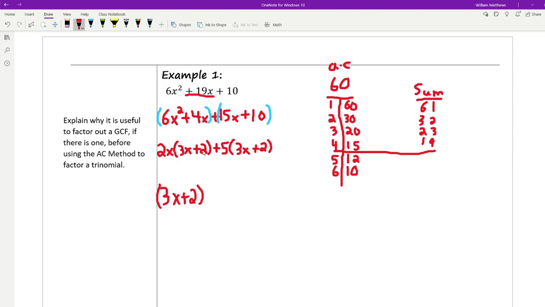And what is left, same setup as before where I create the parentheses. If I divided this by 3x plus 2, I would be left with the 2x. And if I divide the second portion by 3x plus 2, I'd be left with the positive 5.